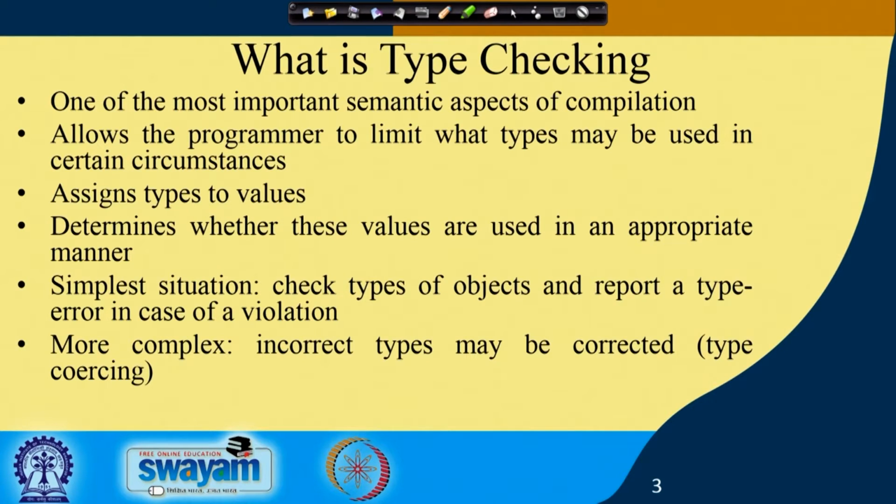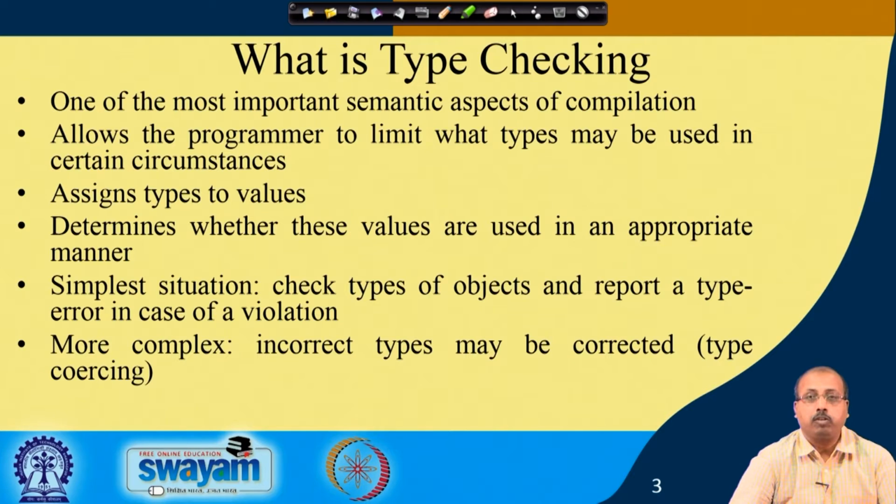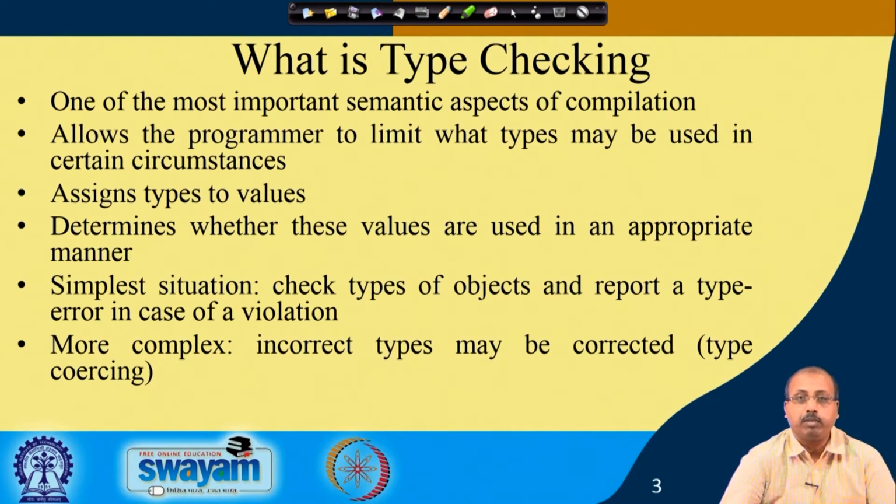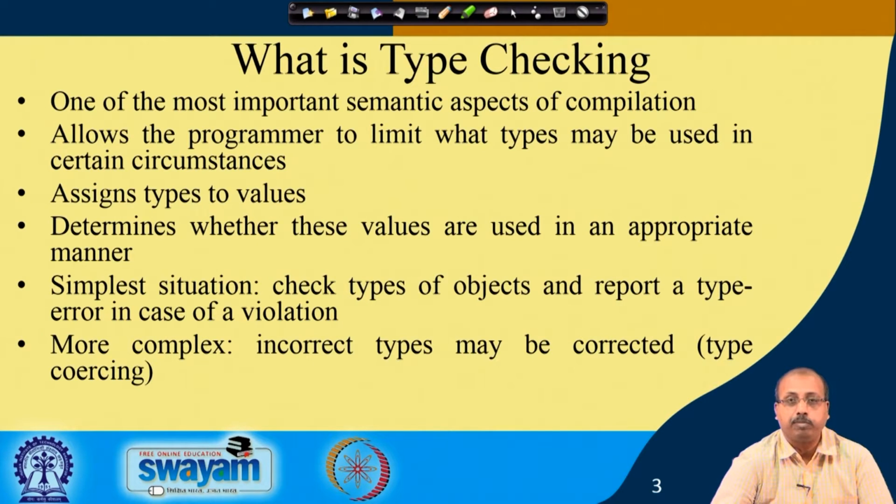Please note the term: it is the semantic aspect, not the syntactical aspect. You cannot use the standard automata theory to answer whether a program is correct from its type point of view, because automata theory can say that this is an identifier, what the different tokens present in the program are, and whether the combination of those tokens follows some grammar rule or not.